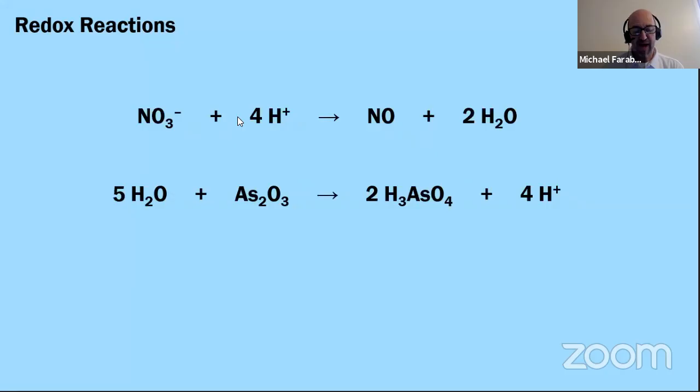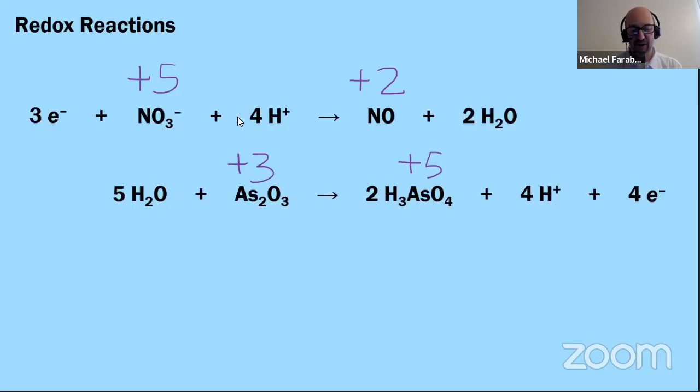Now, this reaction also features oxidation and reduction, but these are a little more complicated. Here we have nitrogen going from +5 to +2. That's going to involve 3 electrons. Here we have arsenic going from +3 to +5. But since 2 arsenic atoms are being oxidized from +3 to +5, that means I need a total of 4 electrons.